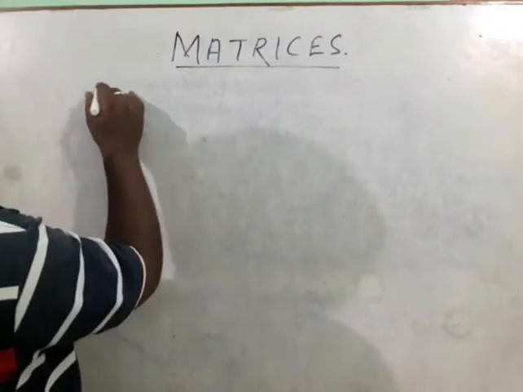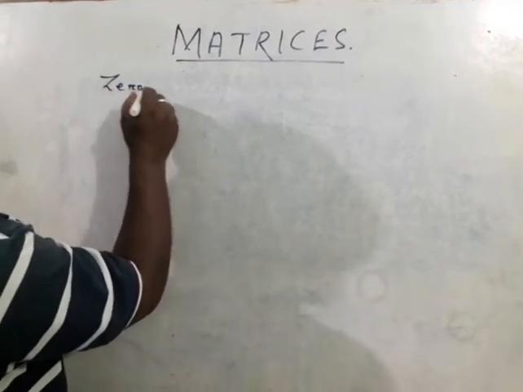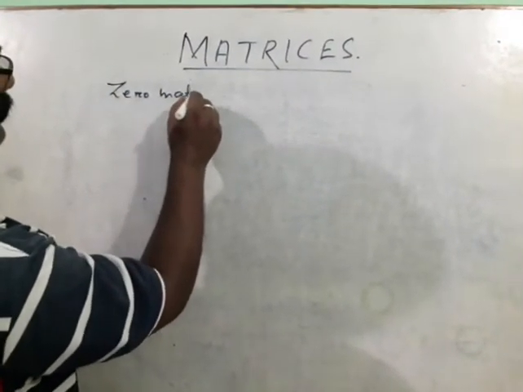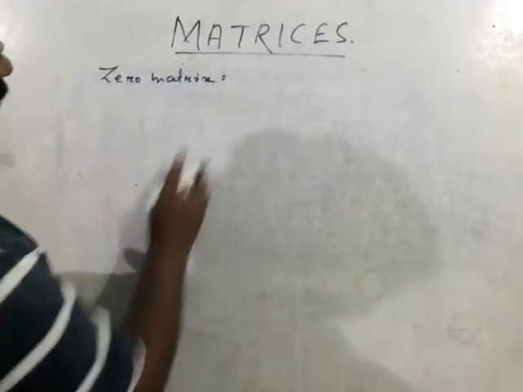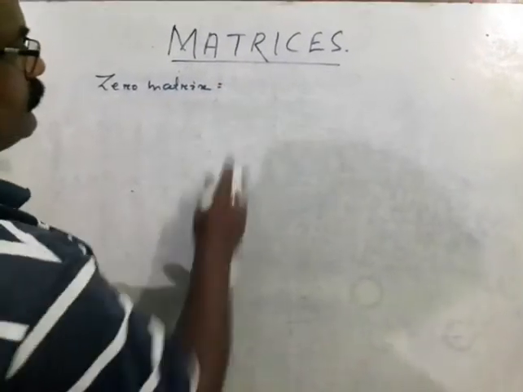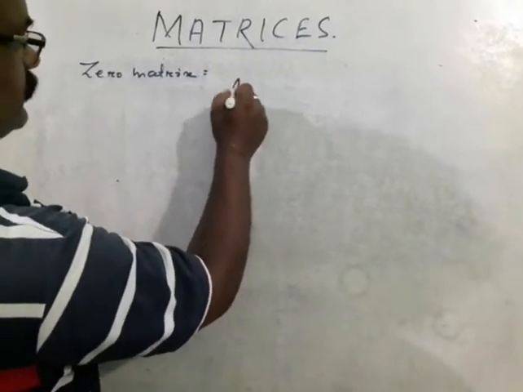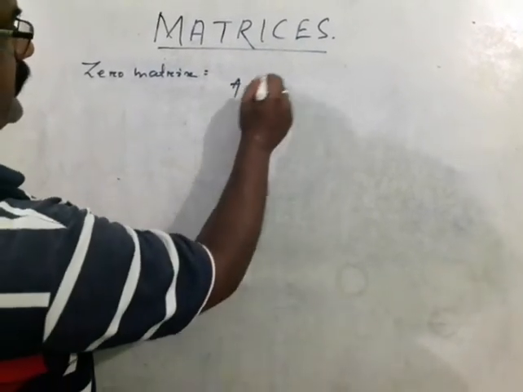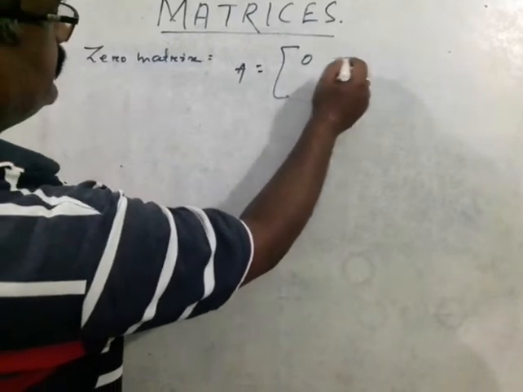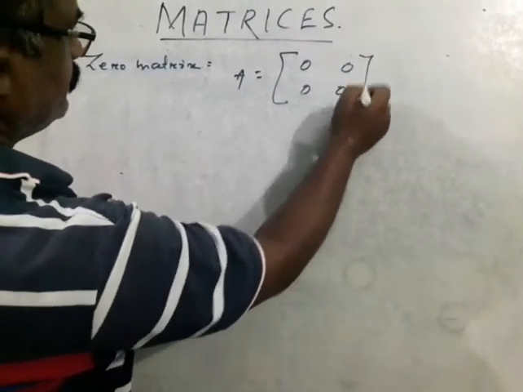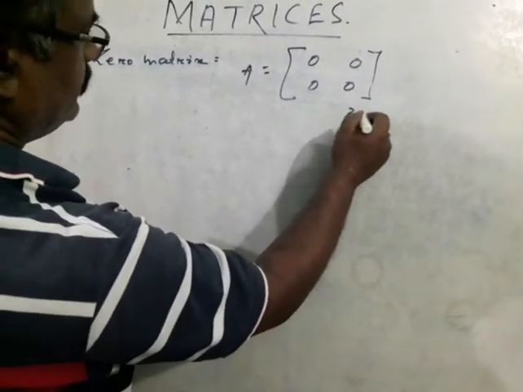Then comes the zero matrix. A zero matrix is a matrix whose components are all 0. Let A be a zero matrix of order 2 by 2. In this case, it is 0, 0, 0, 0. This is a zero matrix of order 2 by 2.